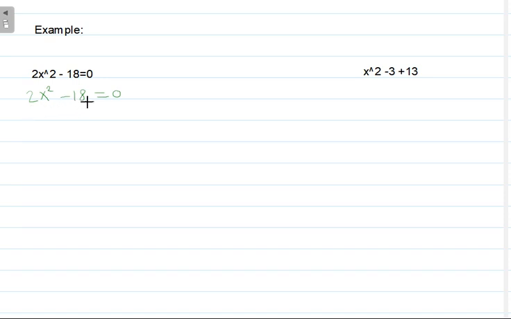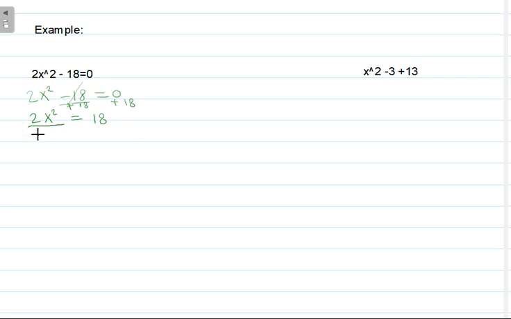The first step is to isolate c. So 2x squared equals 18. What happened here is I added 18 to both sides of the equation, so we eliminate this term, and 2x squared equals 18.